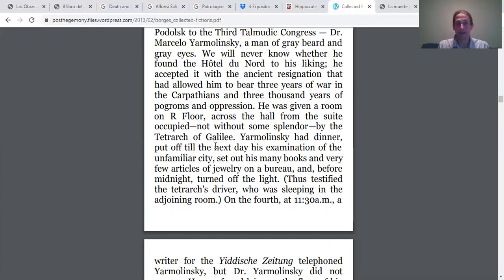Anyway, a tetrarch in general is a person who is in command or control or has leadership responsibilities for a fourth of a region. So the Tetrarch of Galilee in this case is Herod Antipas, who was the son of, and not to be confused with, another famous Herod from the New Testament, Herod the Great.